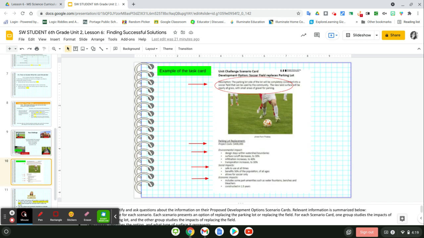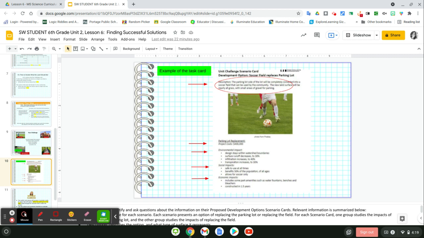Okay, so I know you can't see this very well, but this is what your task cards in Google Classroom will look like. You will have another instructional video going over these task cards in Google Classroom. Okay, so the example of the task card is that we're looking at the particular proposal. So this development option or proposal is a soccer field that would replace the parking lot.